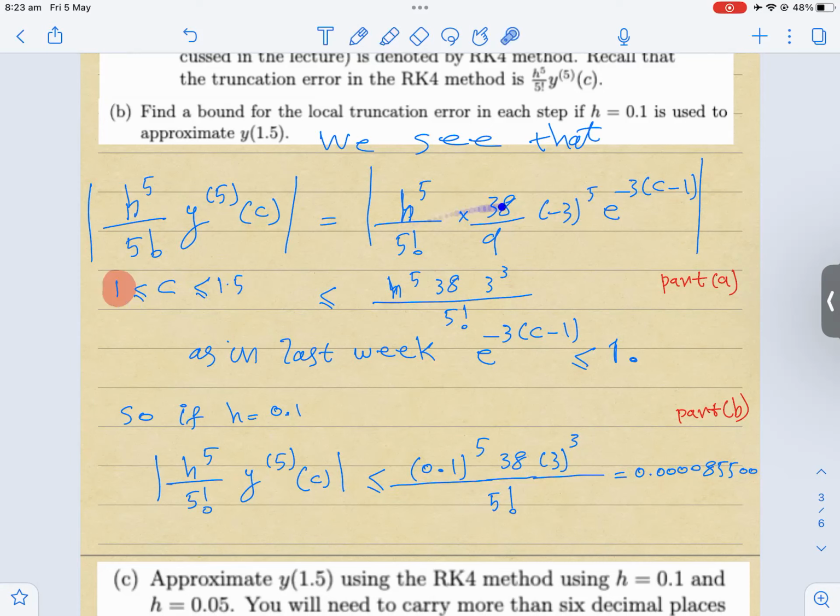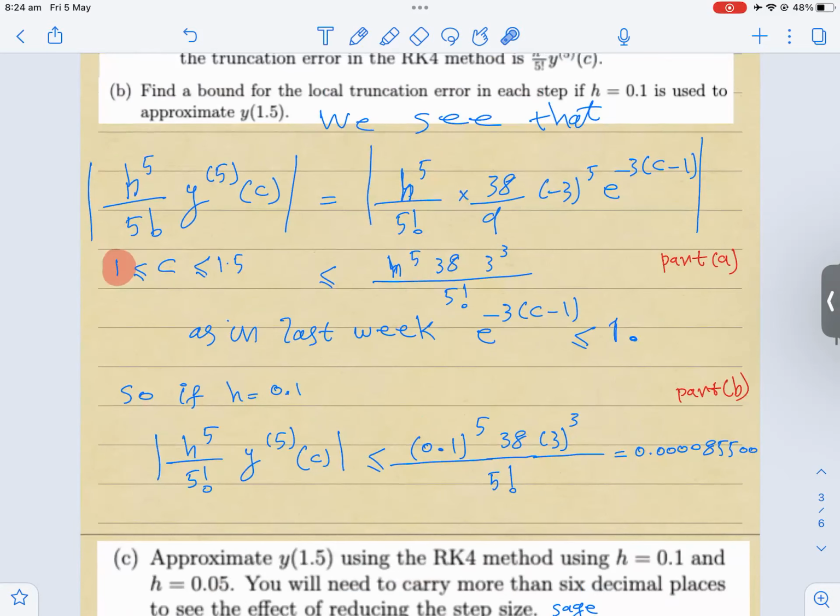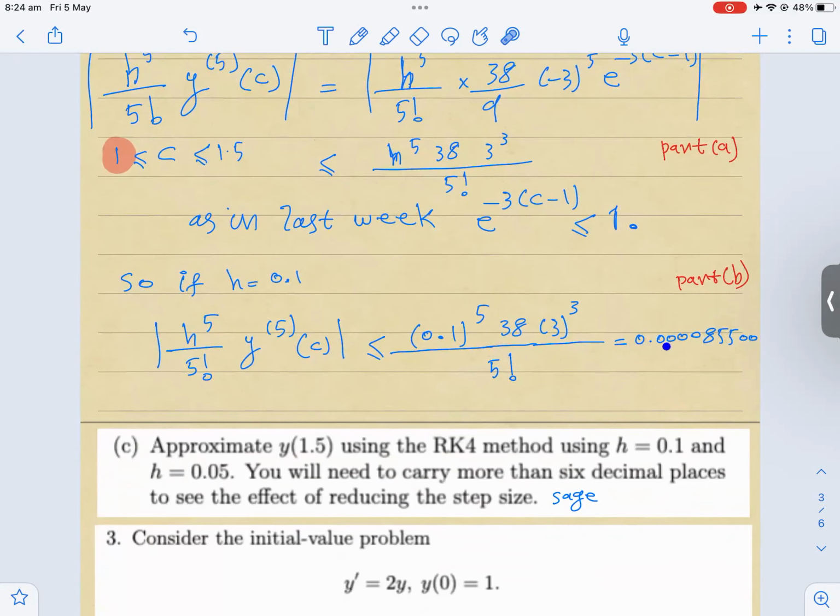If you put c equal to 1, this exponential will be 1. And you just substitute h by 0.1. If I do this simplification, the absolute value removes the negative, so this will be this, which I just checked by SageMath.